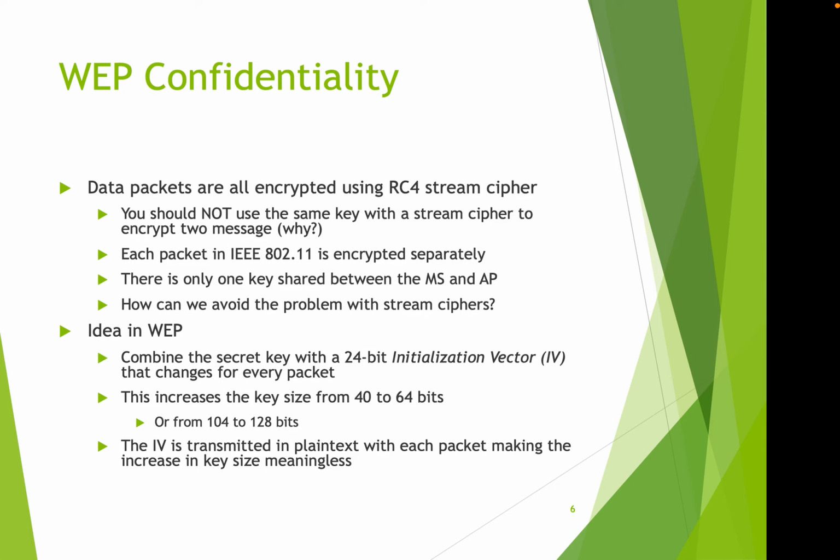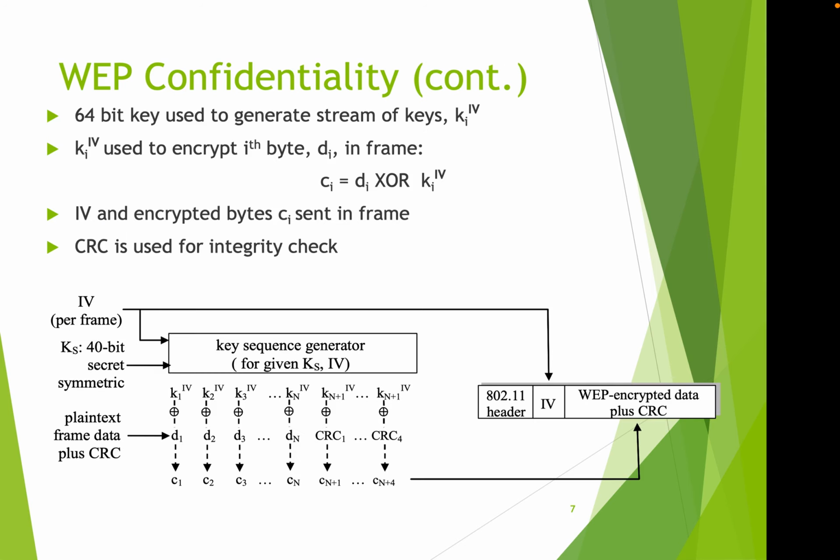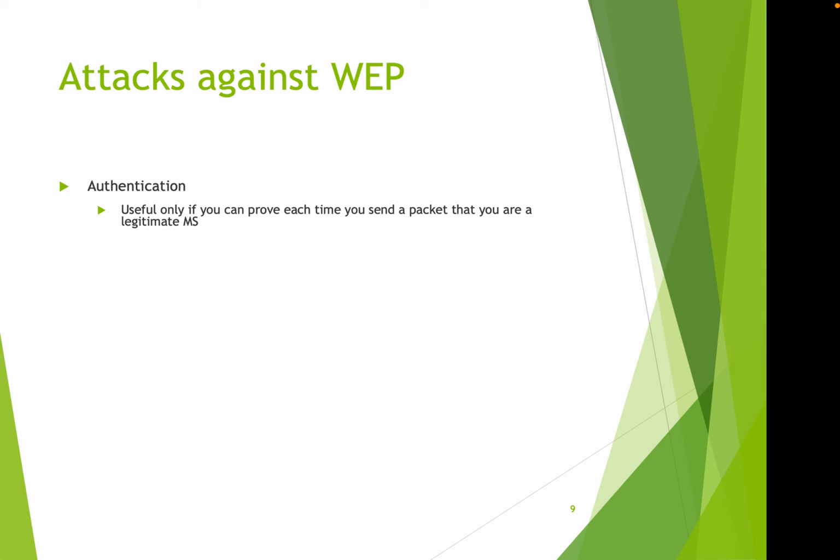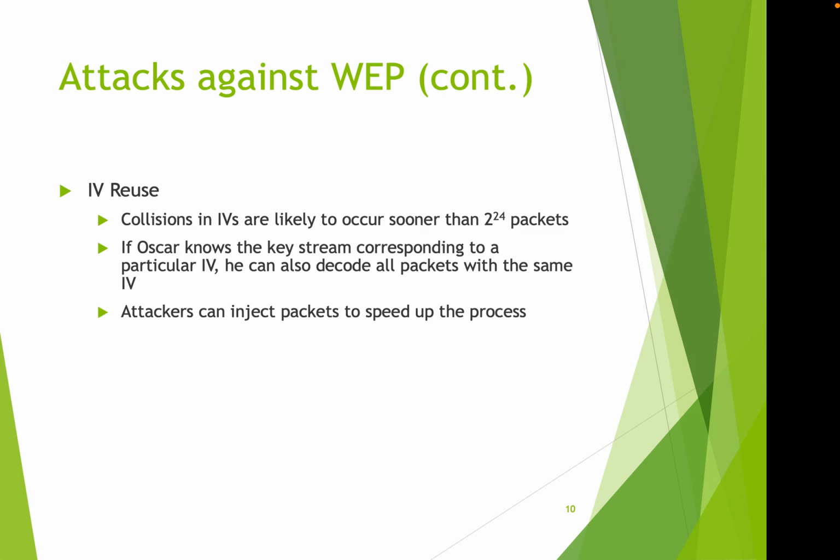You allow the shared key to be used twice and you use RC4, and then your IV was too short. Lots of problems. You guys can take a look at those problems. So that is really serious. There are a lot of attacks against WEP, and it's very easy to crack.